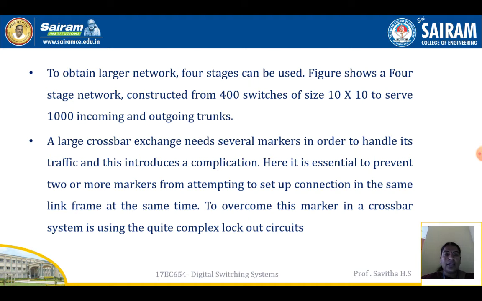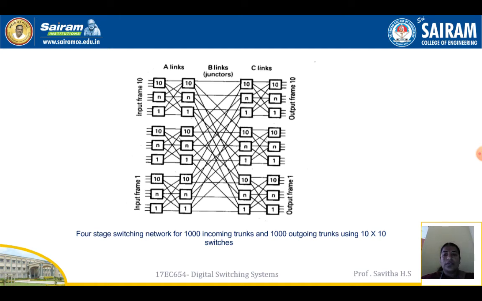Here it is essential to prevent two or more markers from attempting to set up a connection in the same link frame at the same time. To overcome this, markers in a crossbar system use complex lockout circuits. Four-stage switching network of 1000 incoming trunks and 1000 outgoing trunks using 10 cross 10 switches.